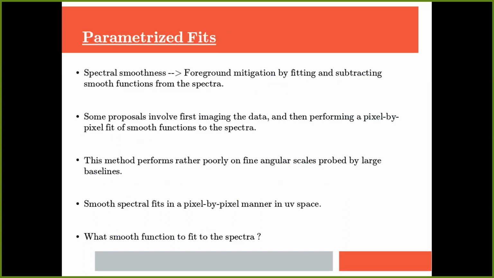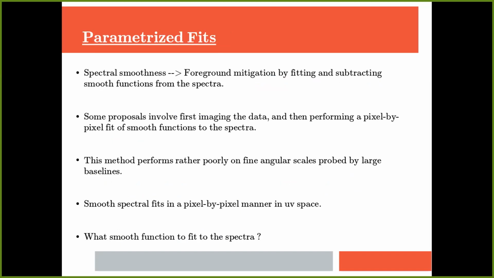There are techniques which take the image and, for each pixel, try to fit a smooth polynomial function through the spectra and subtract that from the data. This can also be done in the UV plane.